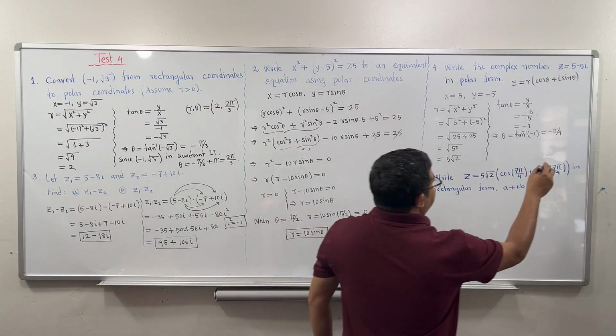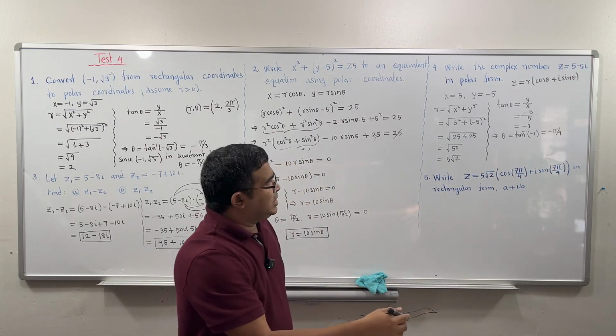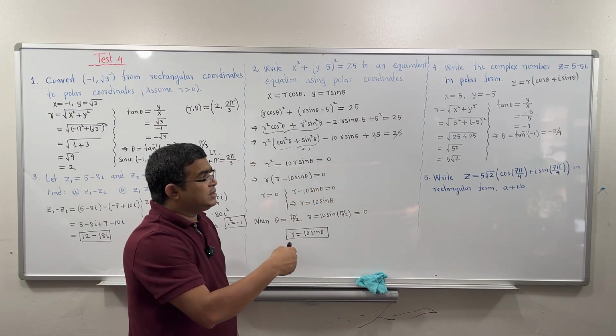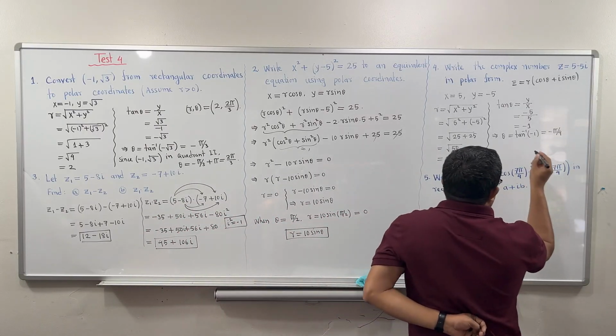So this result represents if we go clockwise. Now if you count counterclockwise, then what would be the angle?